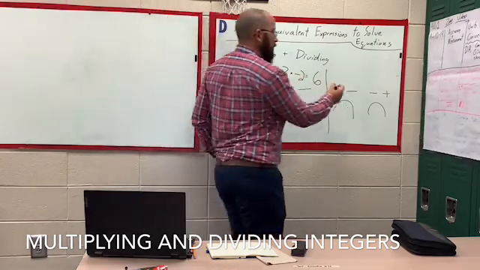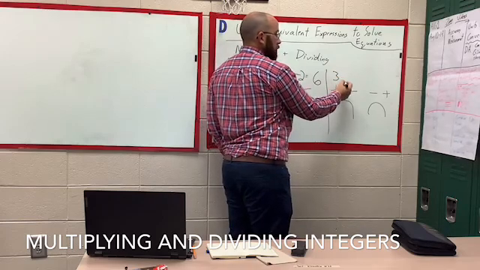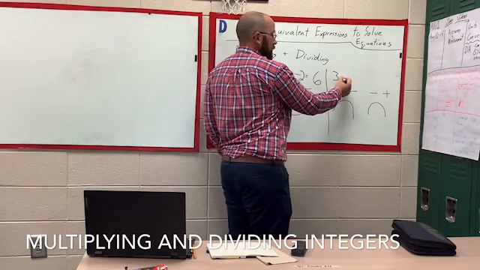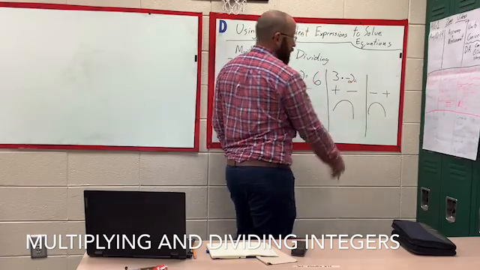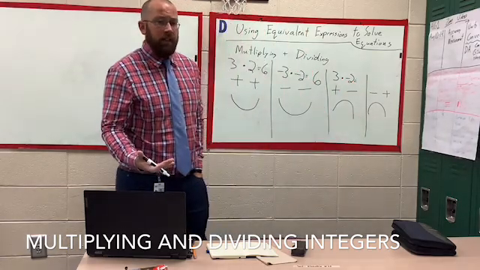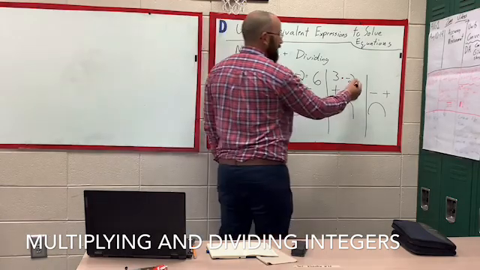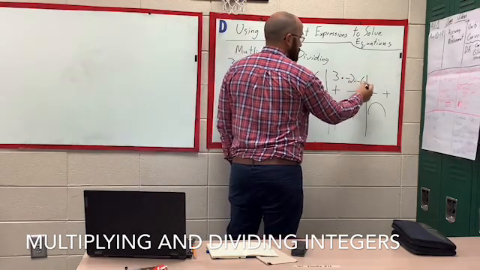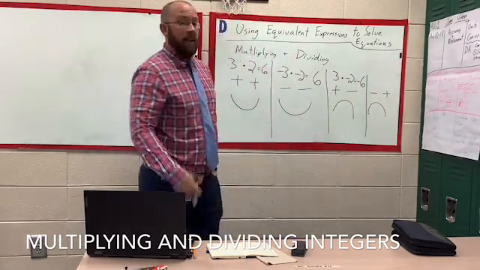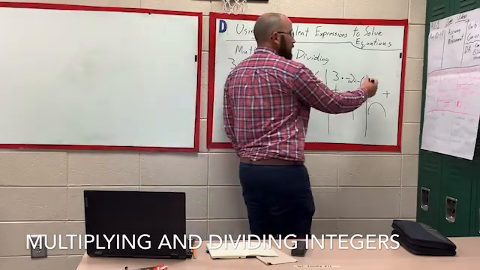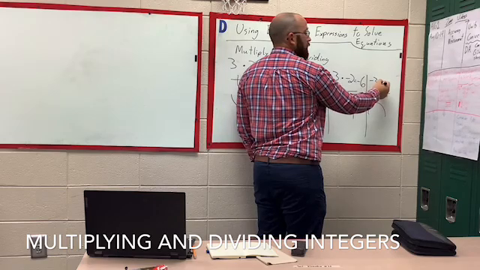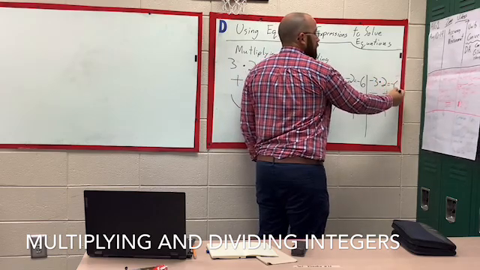But now if you come over here, say I make the 3 positive and the 2 negative. Based on the frowny faces underneath it, what are you going to have? Frowny faces are usually negative. Negative 6. Same thing if I switch it around. It doesn't matter which one's negative as long as one of them is negative. So if I make the negative on the 3, you still get negative 6.